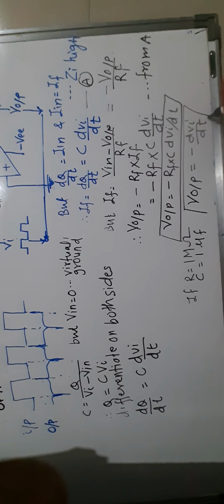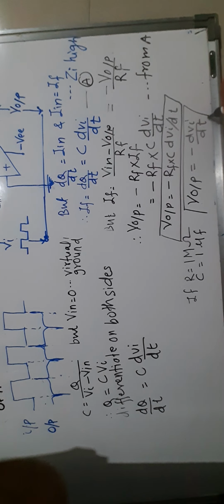So these clock pulses are converted into spikes. For a positive going pulse we get a negative output, and for a negative going pulse we get a positive output, because this is an inverting differentiator. Input is applied to the inverting terminal, so that's why we get an inverted output waveform.